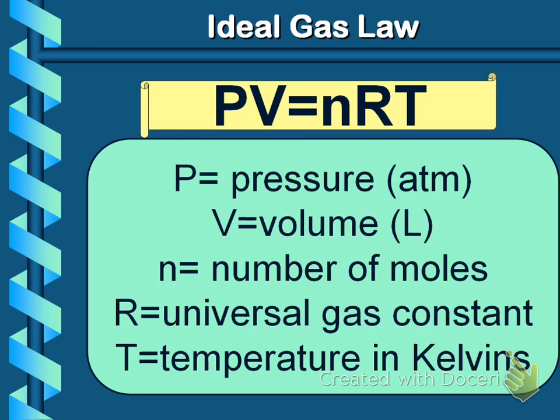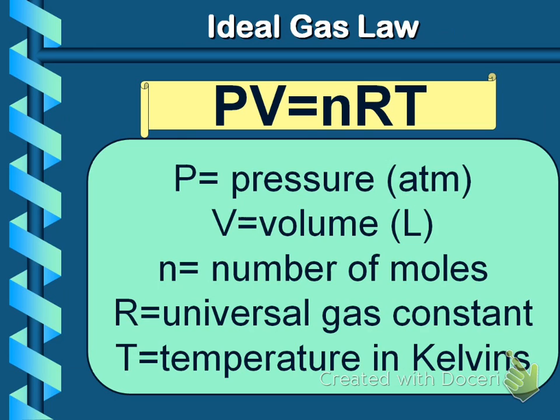Generally speaking, when we set these problems up, we'd like the pressure to be in atm, the volume to be in liters, n to be the number of moles, and temperature to be in kelvins. That will give us a certain number for R, the universal gas constant. When it says universal gas constant, it means the universe.